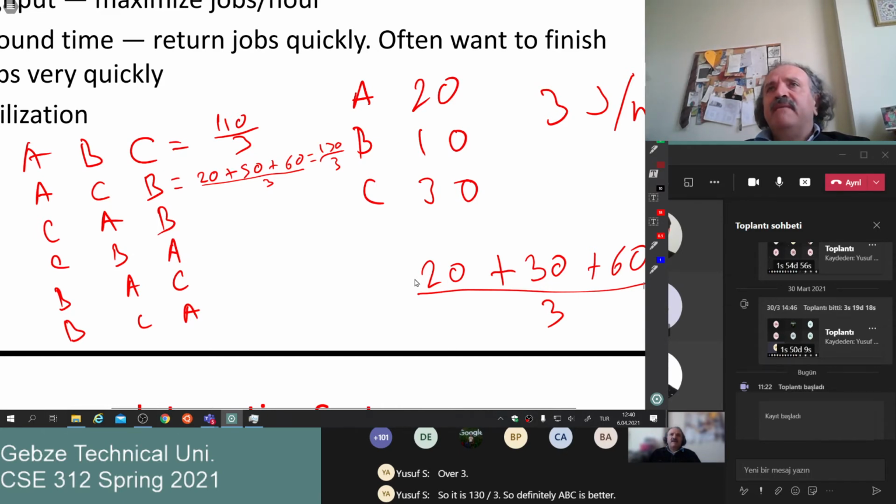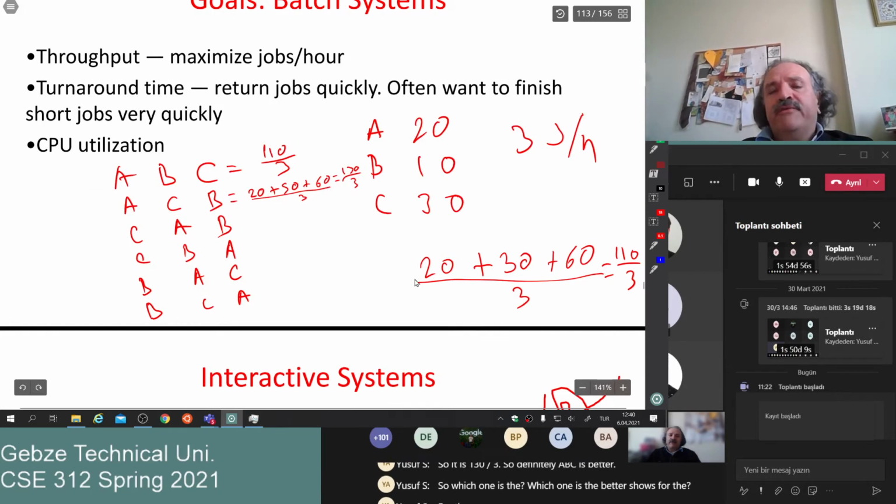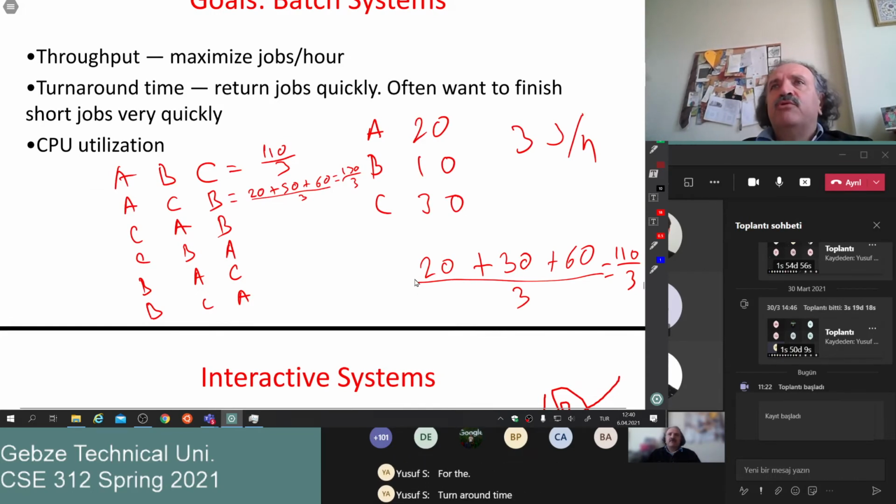So which one is the better choice for the turnaround time? Throughput is the same. How about the turnaround time? Is it better to run the smaller, faster processes first, or larger processes first? Larger is better, I suppose.